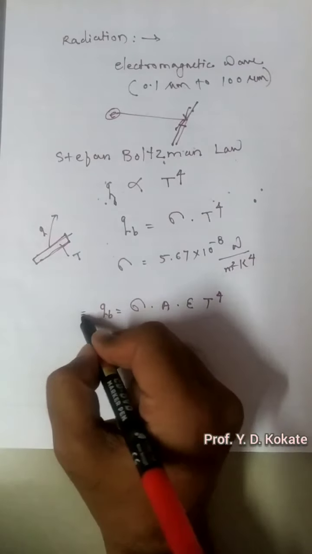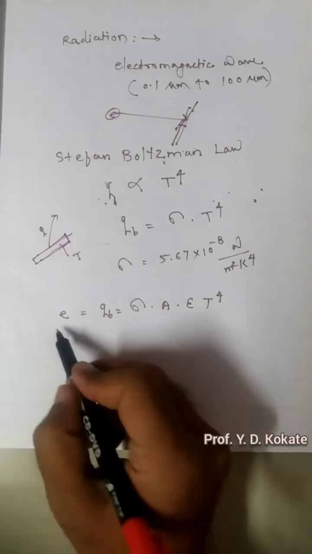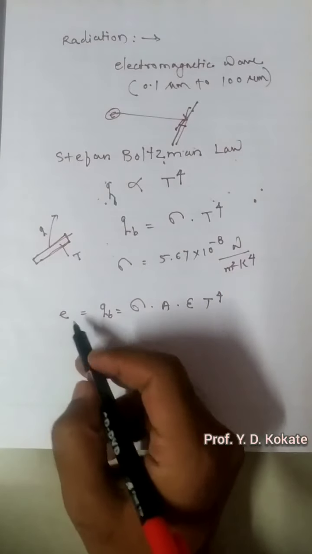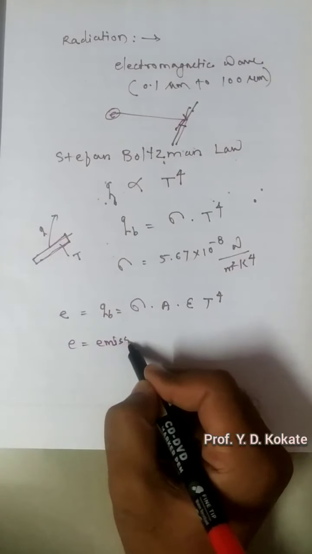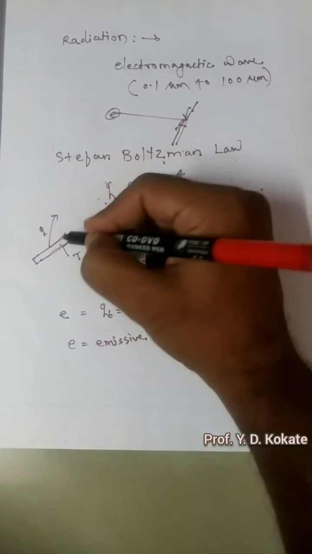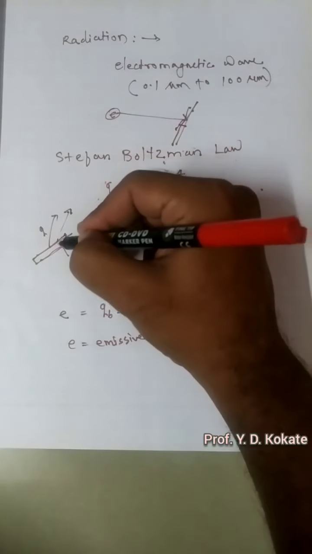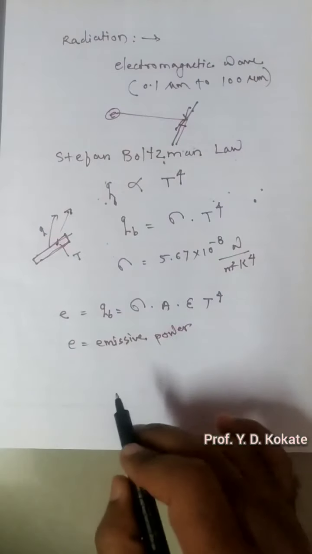Emissive power we also denote by a small E, which is a new term. So what is E? E is nothing but the emissive power. What is meant by emissive power? Emissive power is the amount of energy dissipated by the unit surface.